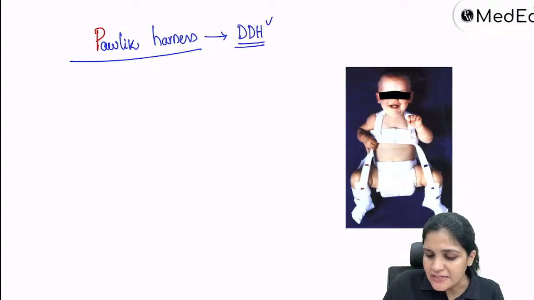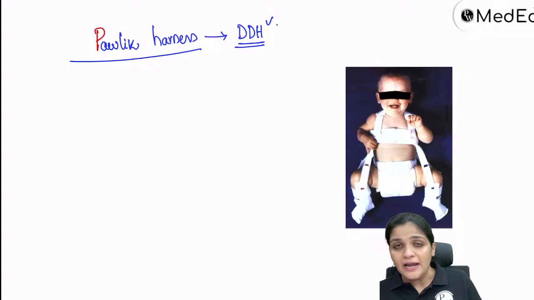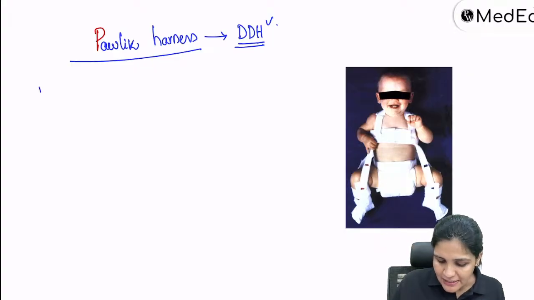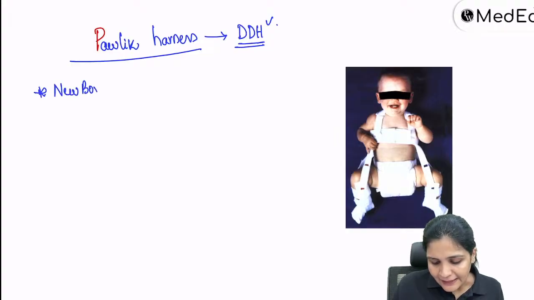as developmental dysplasia of the hip. That is your DDH. What is developmental dysplasia of the hip? This is a condition usually seen in newborns, and there are certain characteristic features for the mother.